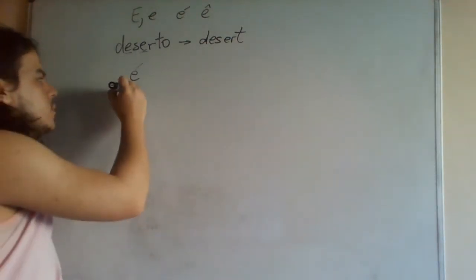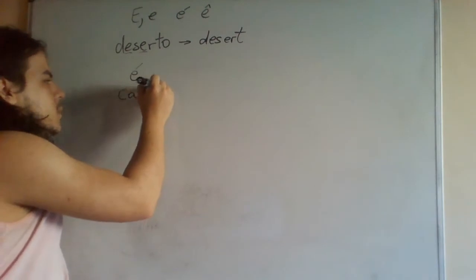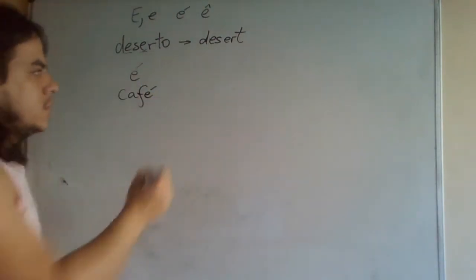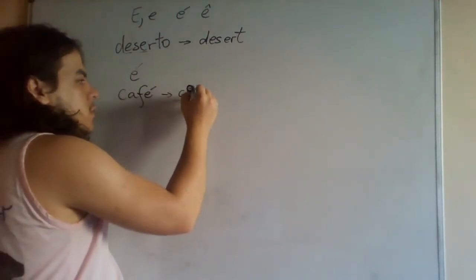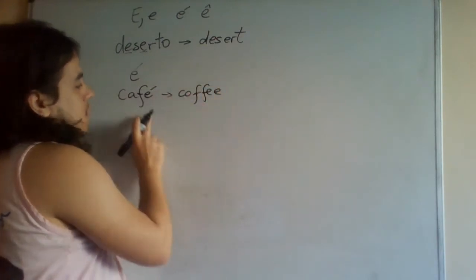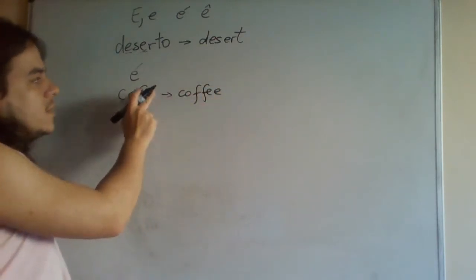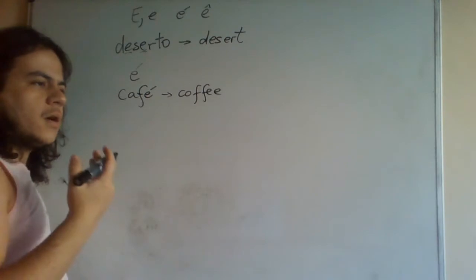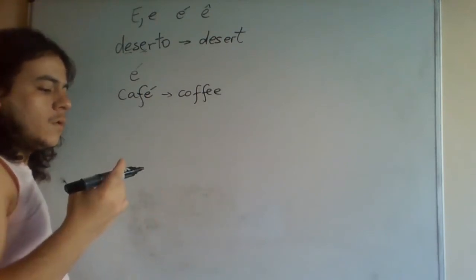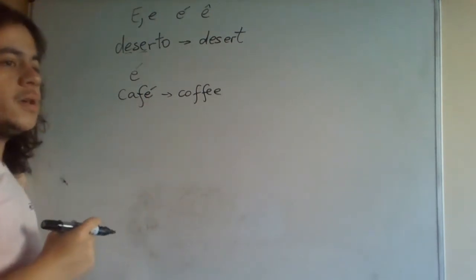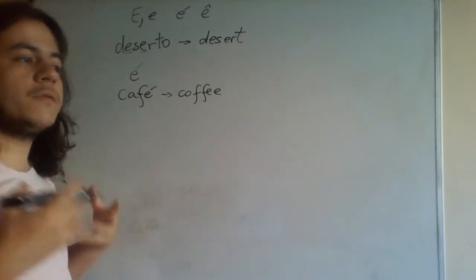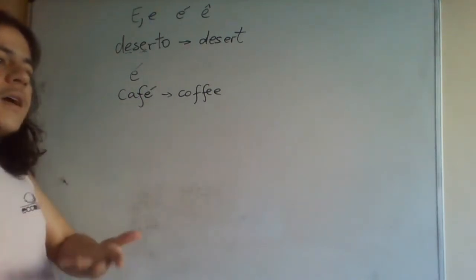For example, this word here, café, means coffee. Here letter E has this accent, the acute accent. So it means that letter E here has the sound of E, café.